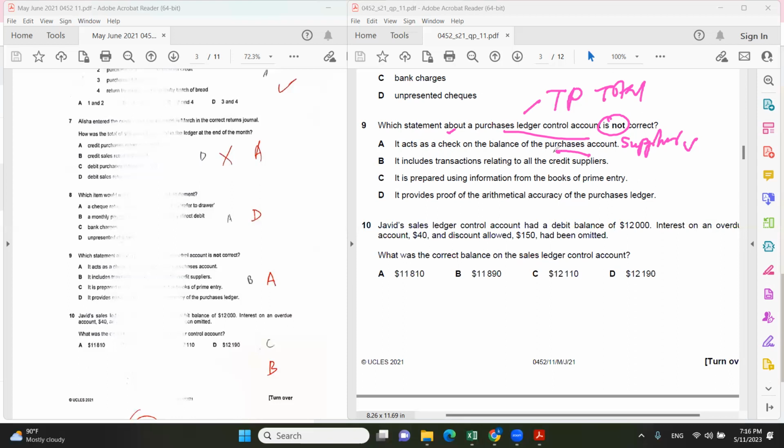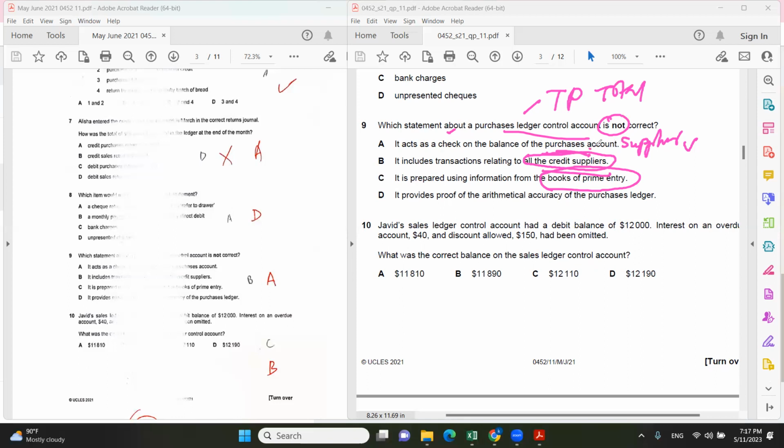The balance of the purchaser's ledger account includes transactions related to all the credit suppliers. Okay, this one includes all the credit suppliers, correct. It is prepared using information from the books of prime entry, correct.